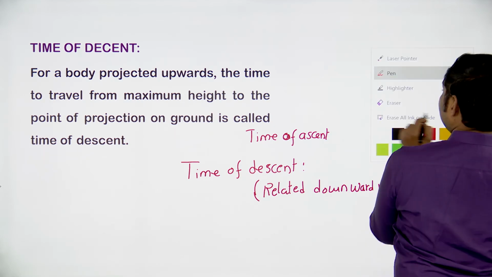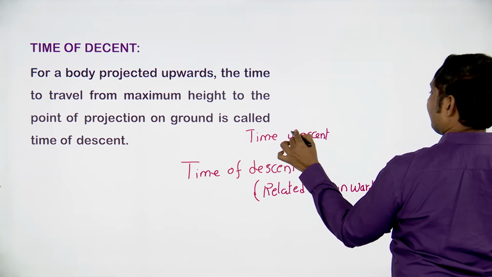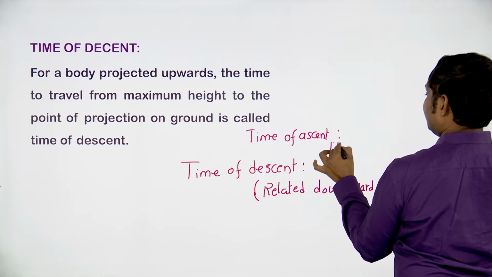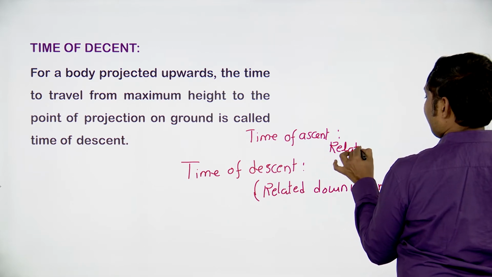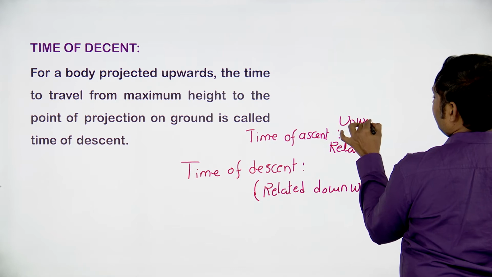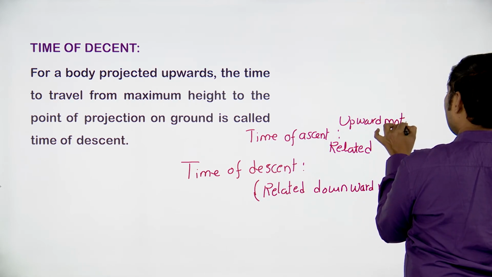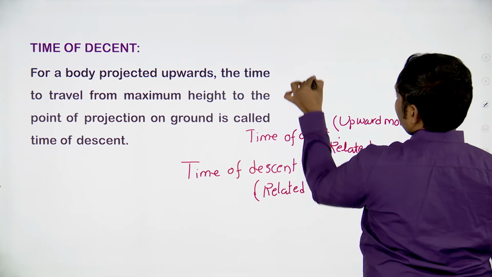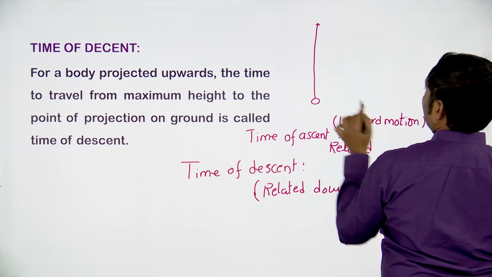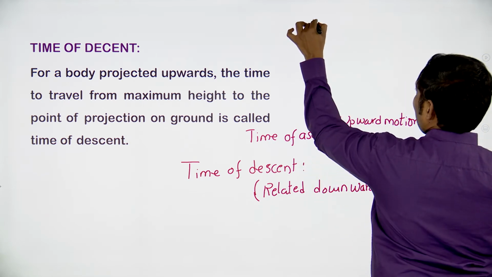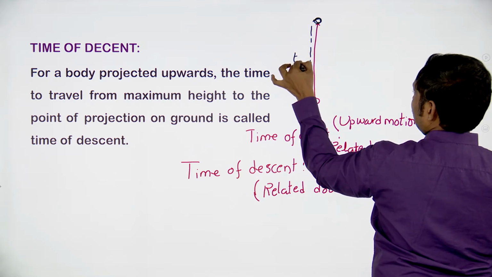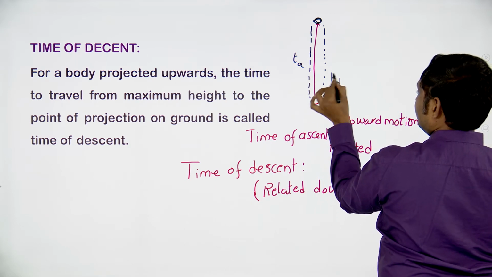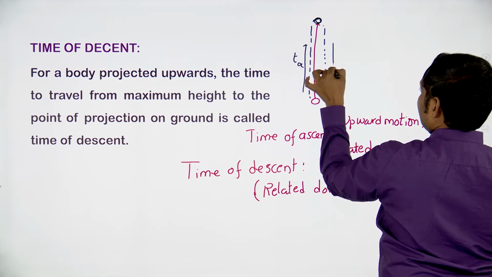It is related to upward motion. This is going to be TA, and this is going to be TD. You are moving in upward and downward direction.